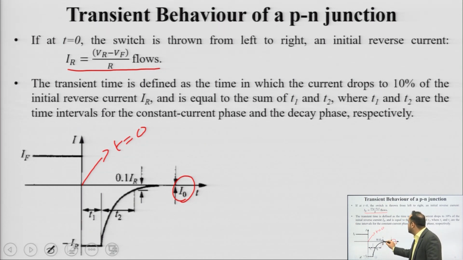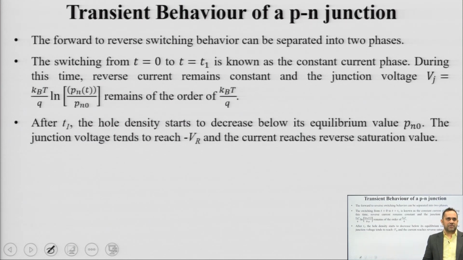By the time you have reached 10% of this initial current, that is the total transient time. Initially current is constant, that is T1, and then it starts to decay, and the time it takes is known as T2. So, from 0 to T1 it is the constant current phase, and from T1 to T2 it is the decay phase.